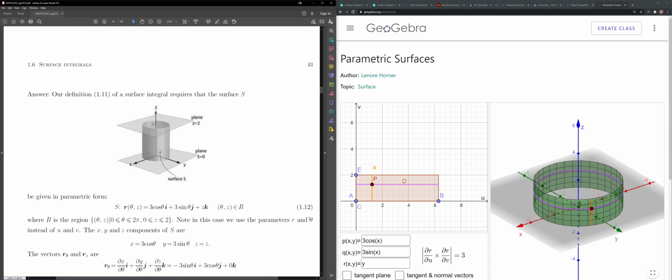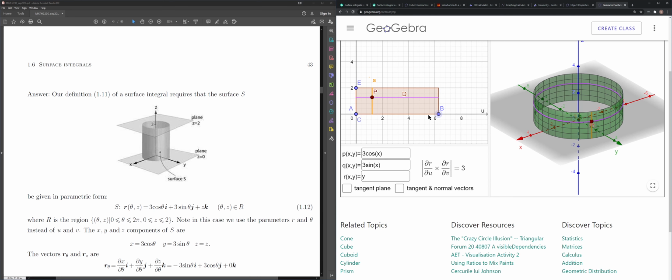If I didn't have 0 to 2 pi and had, for example, 0 to pi, I would have just half of the cylinder. So to get the full cylinder going straight around, I need to use 0 to 2 pi.